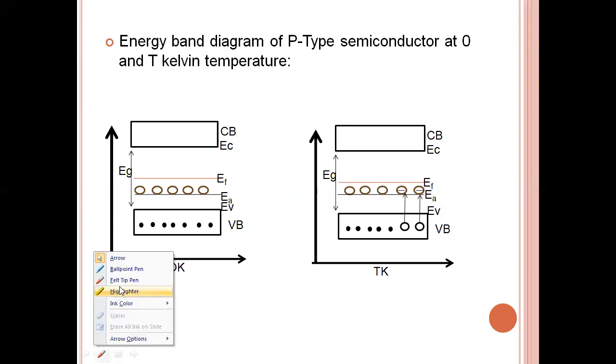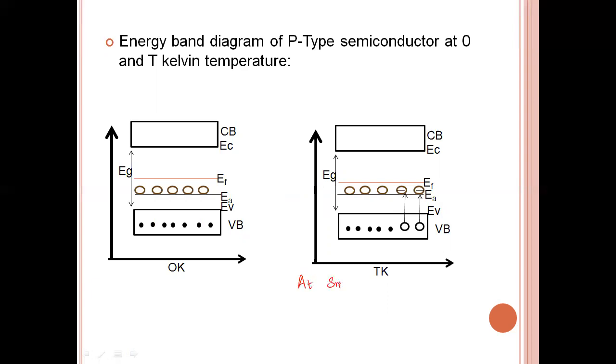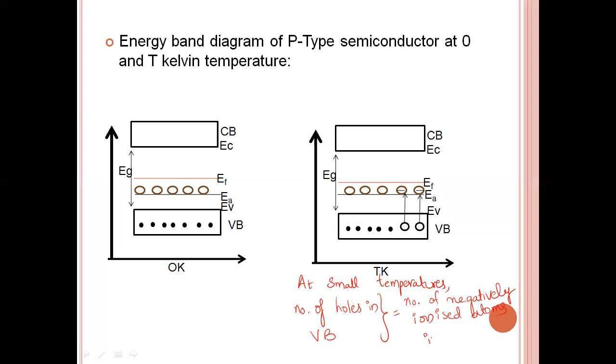So the condition for the P-type extrinsic semiconductor at small temperatures can be given as: the number of holes in the valence band is equal to the number of negatively ionized atoms in the acceptor level.